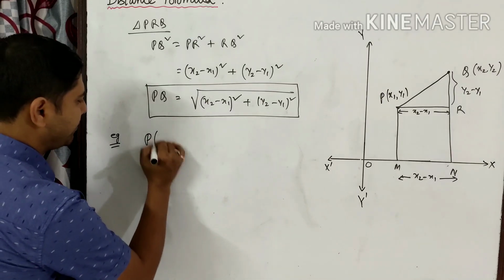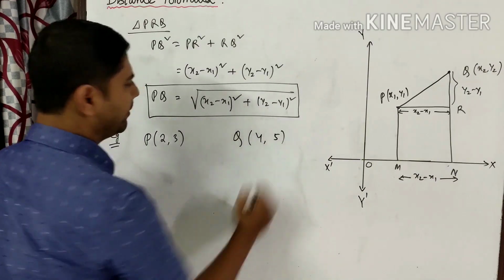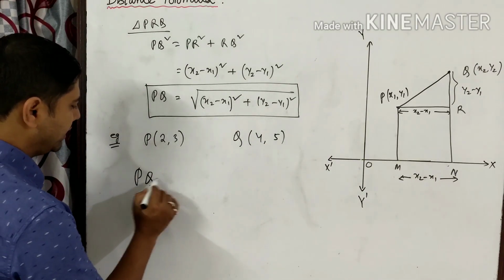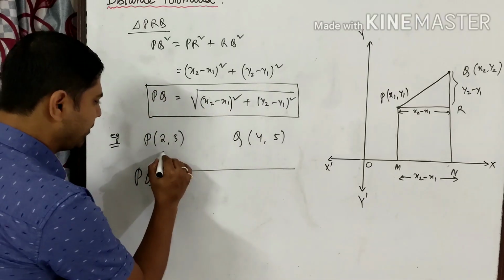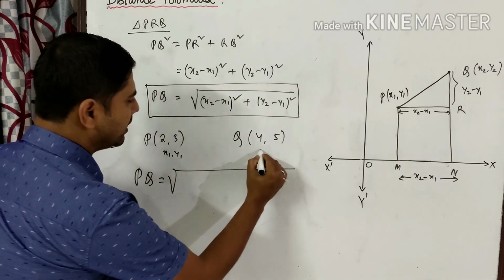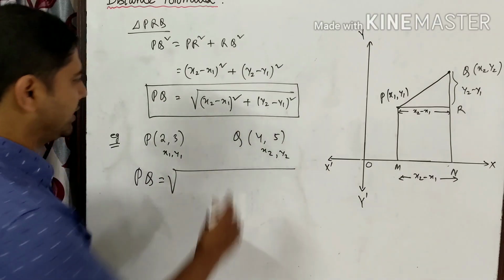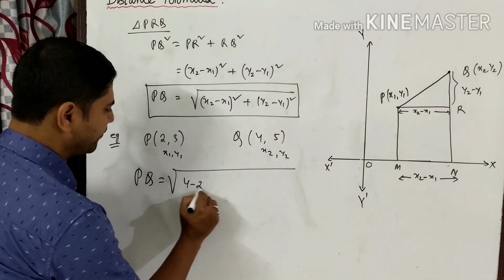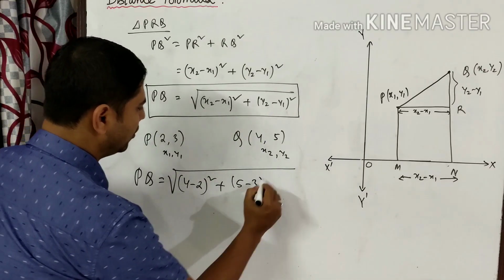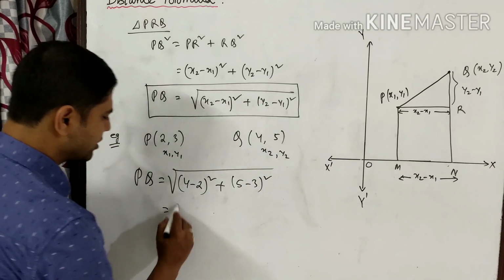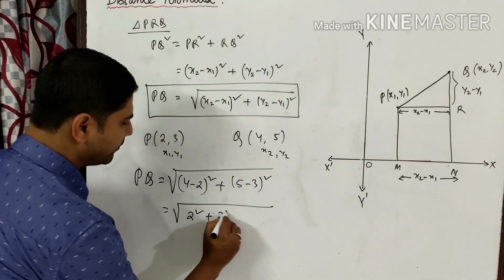Again, let us consider an example. Consider that point P is (2, 3) and point Q is (4, 5). Now you have to find the length of PQ. This one is x1, y1 and this one is x2, y2. According to this result, (4 minus 2) whole square plus (5 minus 3) whole square. 4 minus 2 means 2 square, 5 minus 3 means 2 square.